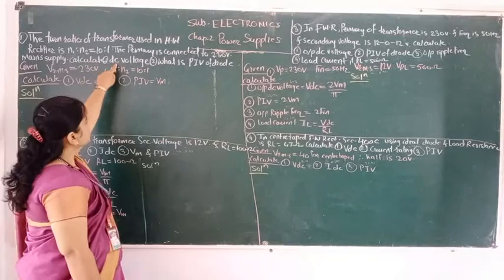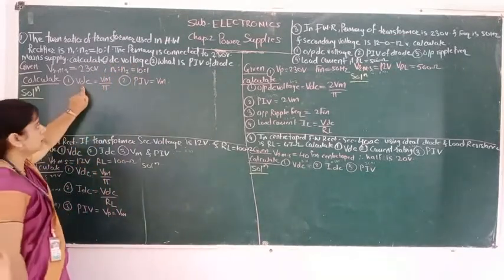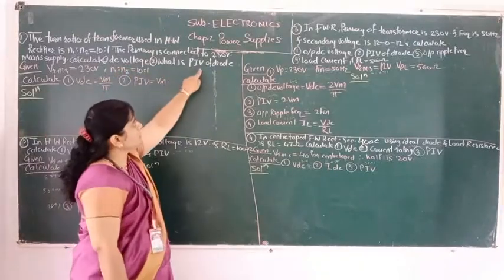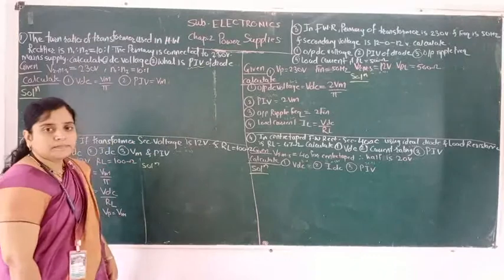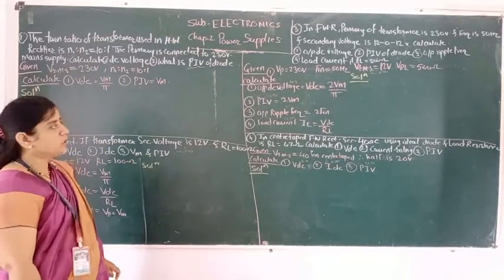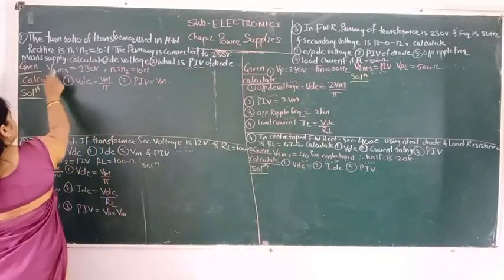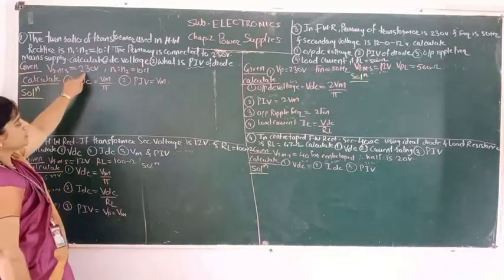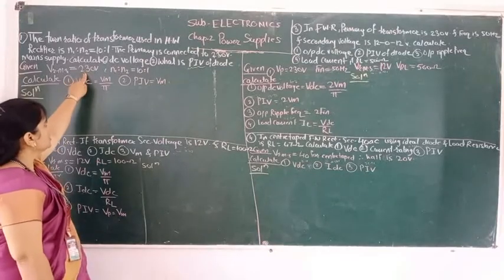Okay, so what we have to calculate? First we have to calculate the DC voltage. And what is the PIV of the diode? PIV means the peak inverse voltage of the diode. So what is given here? VRMS is given, how much is it? 230 volt.